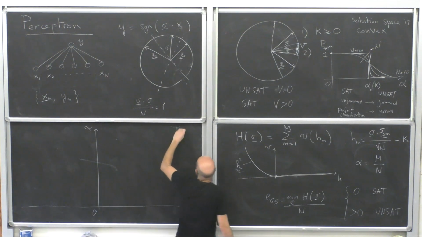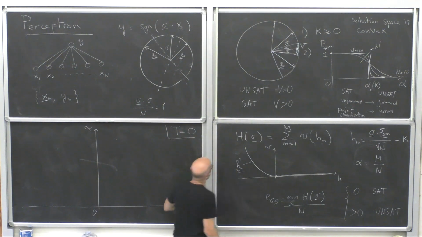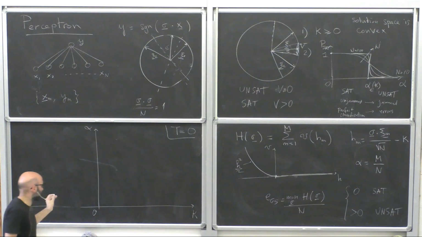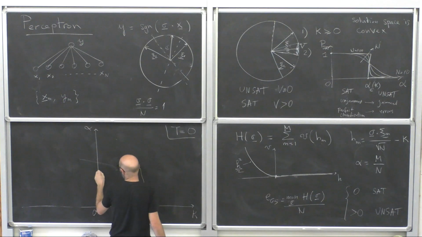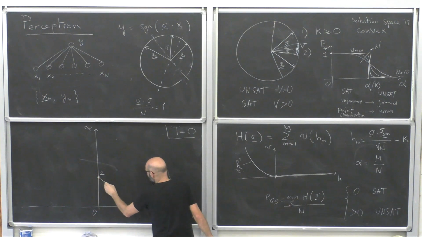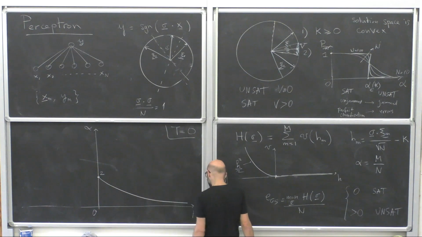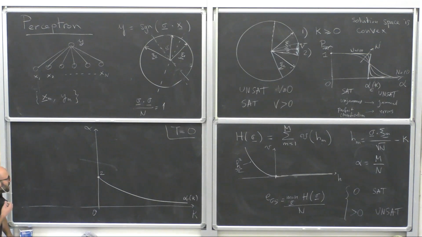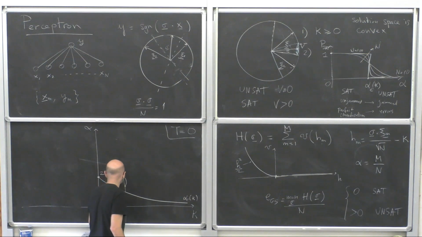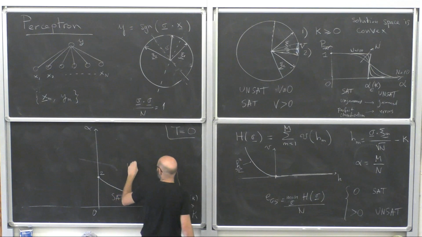This can be computed, as I told you, using replicas. Kappa equals 0 is the Cover result, and the critical value is 2. For kappa positive, the critical value depends on kappa, and it is the one computed by Gardner. So here you have the SAT phase, and here you have the unsat phase.